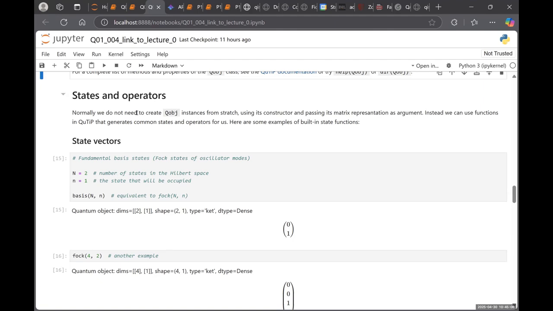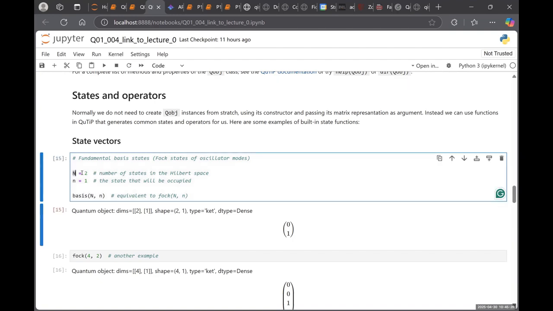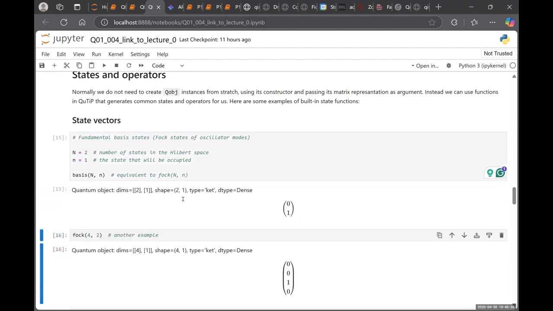So it says normally we do not need to create a Qobj instance from scratch using its constructor and passing its matrix representation. You could also use the functions in QuTiP that generate some states. For example, a state vector, you say I have the number of Hilbert space levels being 2 and 1 is occupied. Okay, so I guess the convention is this is 0, 1, and 1 is occupied.